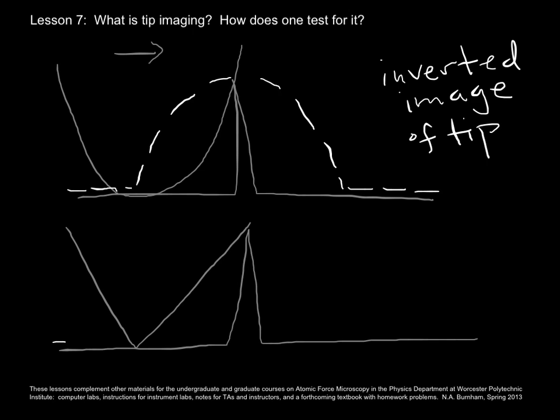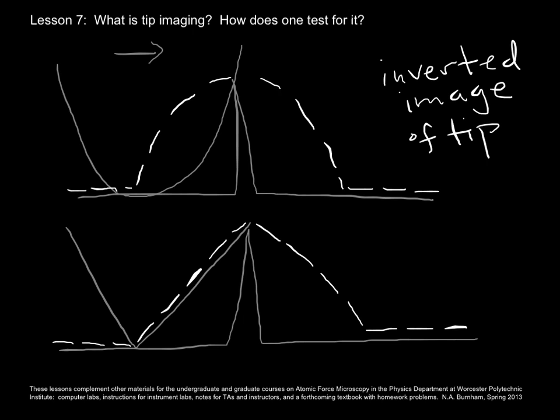The positive aspect is that, say if you change your tip to a conical tip, and you run over that sharp feature again, you get, again, an inverted image of your tip. But note that we are revealing the shape of the tip.